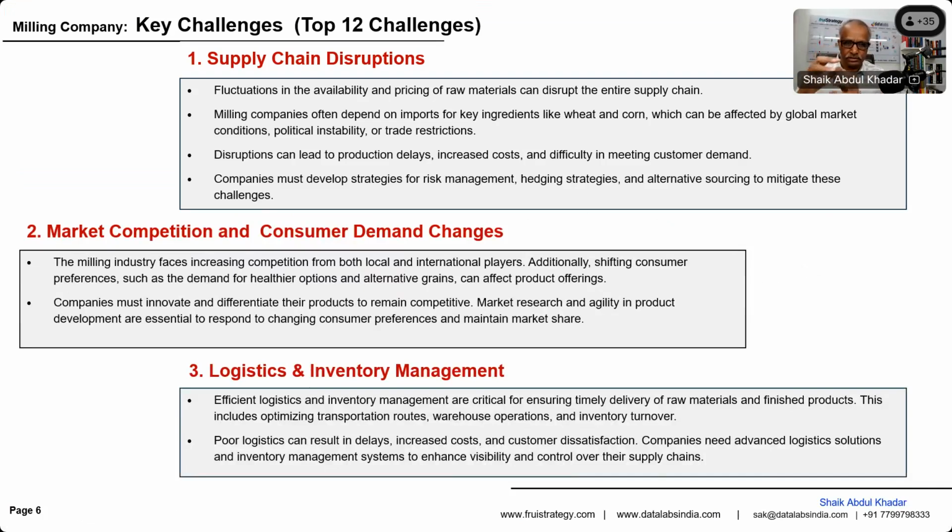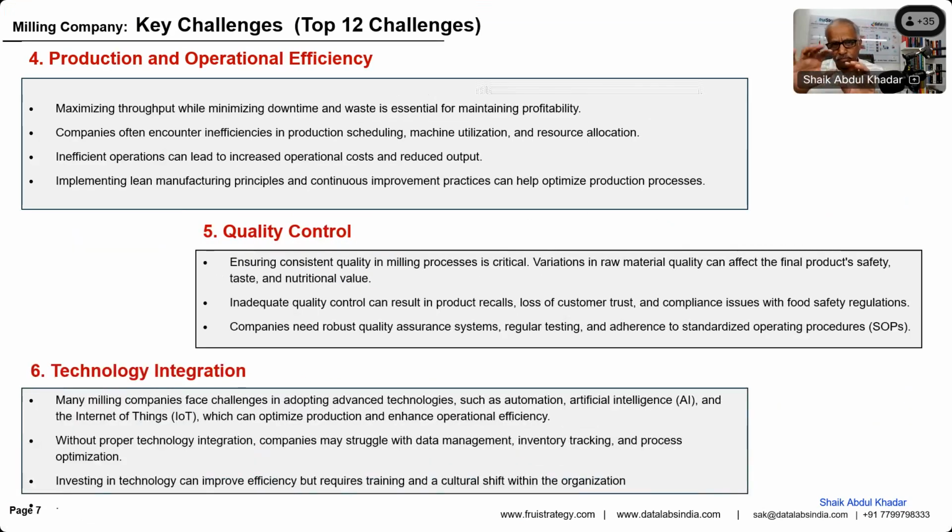Logistics and inventory management is a big challenge for them. Then you have production and operational efficiencies, because it's a low margin business, so you need to be a really operationally efficient organization. Quality is a qualifier for the business. If you don't have quality, you will not even qualify for the business in milling, especially.